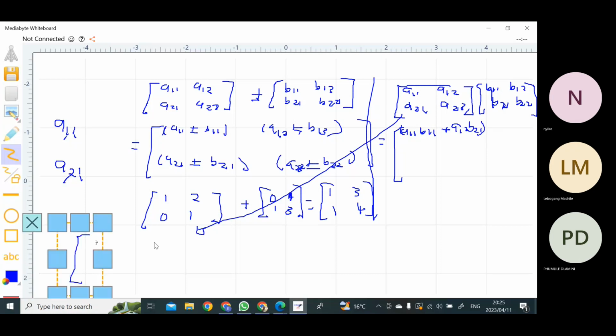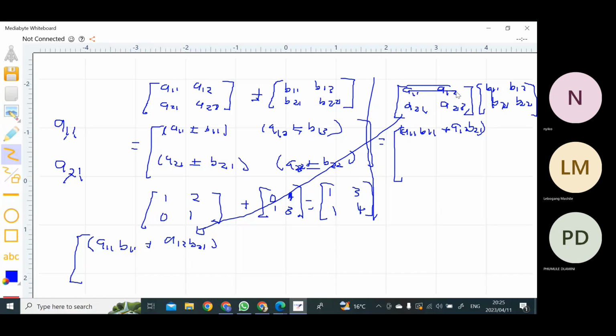The first one is A11 B11 plus A12 B21. Then when we want to go to the second one, we still use this row and this column on this side, which is A11 B12 plus A12 B22.